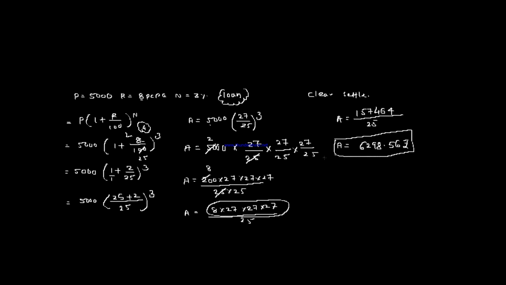So there is some extra money added, right? And how can we calculate that? The extra money is nothing but the compound interest, which is equal to A minus P. How much is your A? A is 6298.56. And how much is your P? It is 5,000.